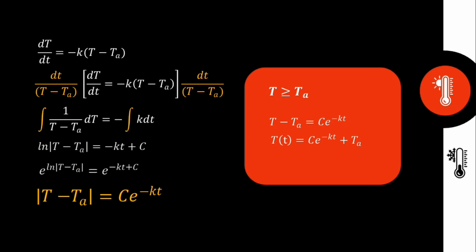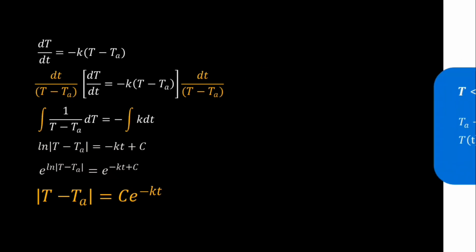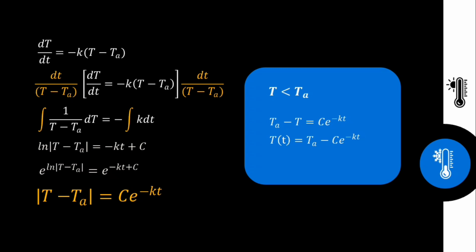And if we want to look at the case where something is cooler than the ambient room temperature, let's say T is less than our ambient temperature, then what is inside the absolute value is going to be negative. So then this results in T sub a minus T, to get the same value as when it is inside the absolute value.